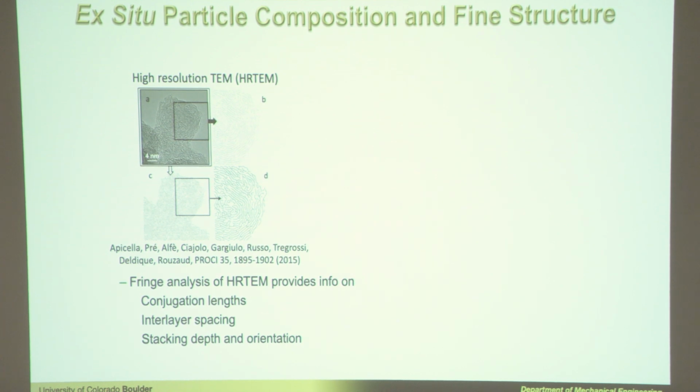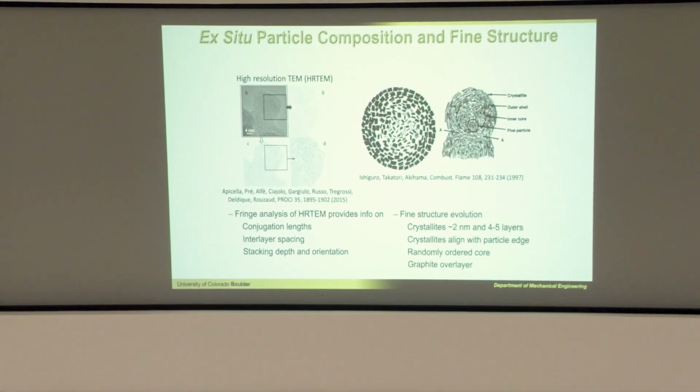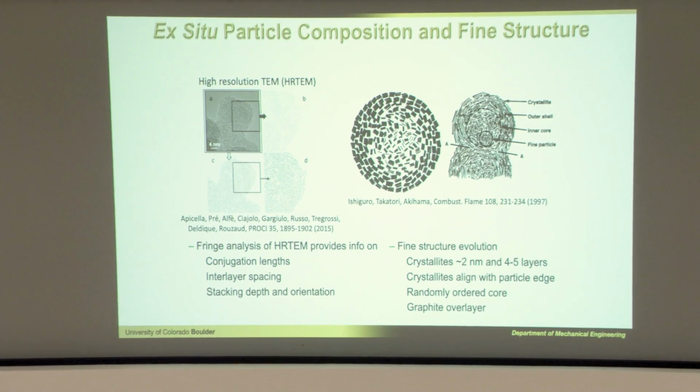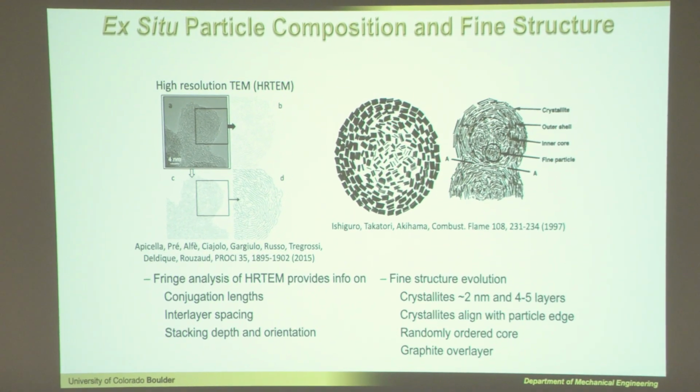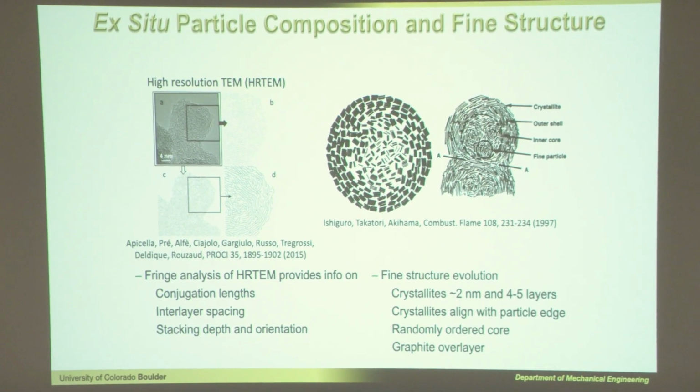People have done some really beautiful work with these high-resolution TEM machines where you can get the fine structure of the particle. This is the technique from which we get almost everything we know about the disordered center and then the ordered shells on the outside. This is the only technique that's been able to give us that kind of information. And all of this came from high-resolution TEM, okay?